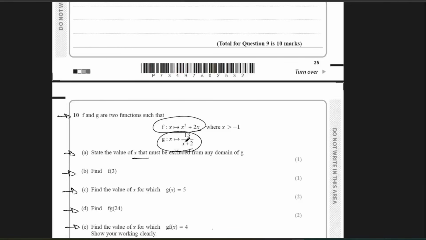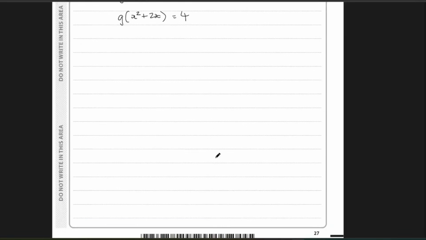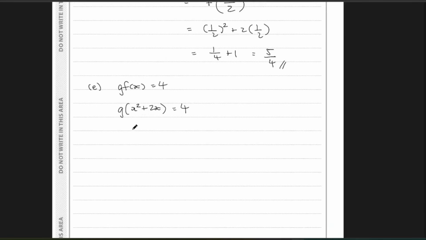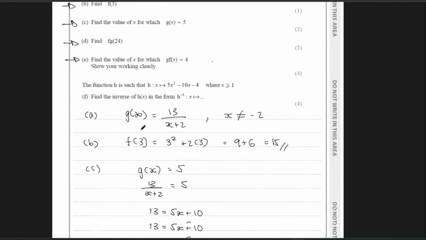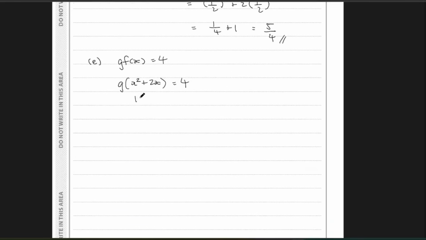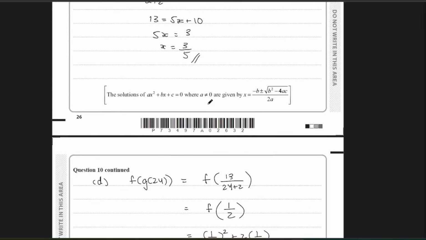So now we'll apply the function g. In place of x here, we will substitute the input given in the bracket. So this becomes 13 over x plus 2. So 13 over, in place of x, we'll say x squared plus 2x plus 2. And that's equal to 4. And we need to solve for x.